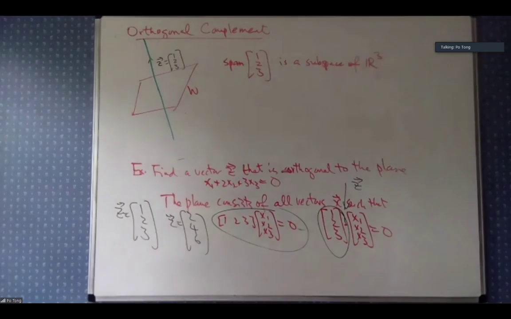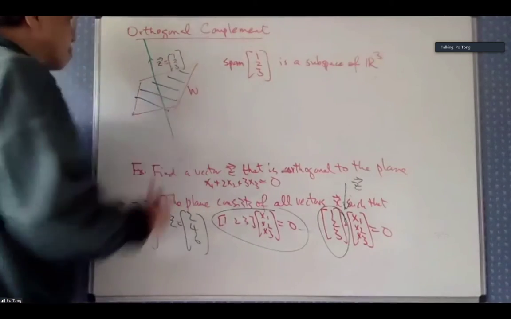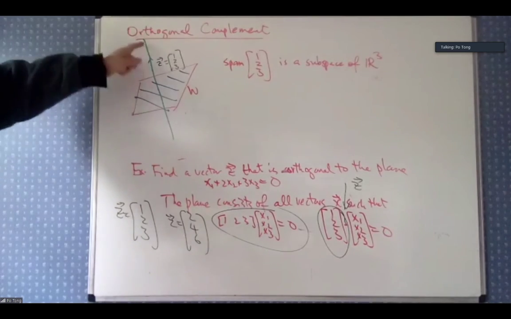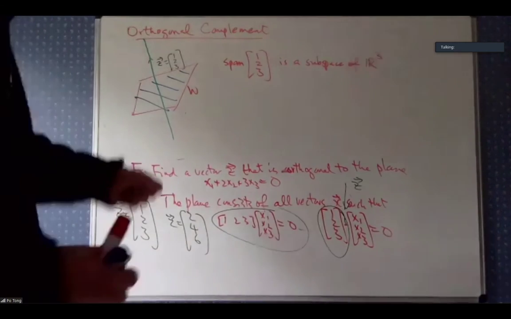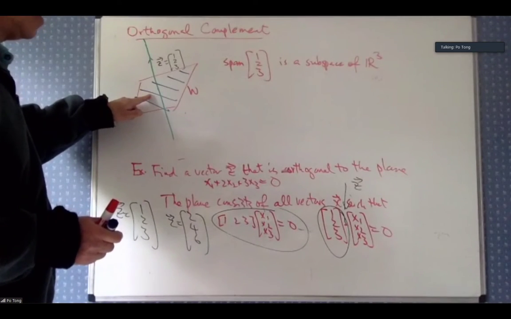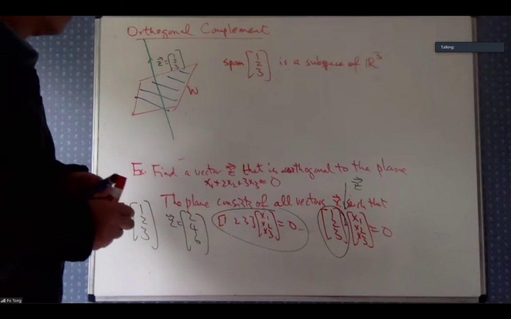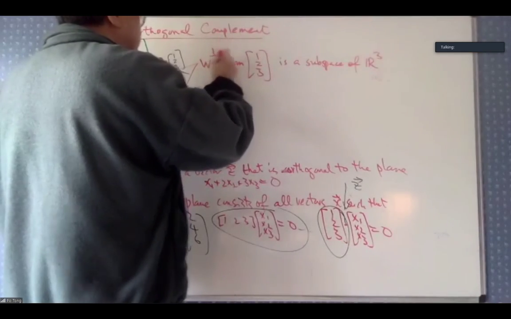So you have originally this subspace, W. You have this other subspace. These two subspaces have the property that this guy is perpendicular to the other one. We call this guy W perp.